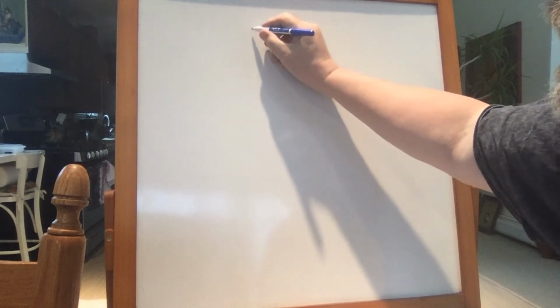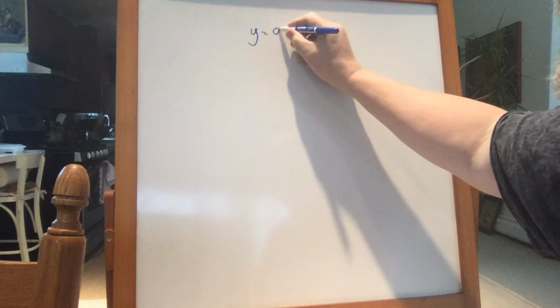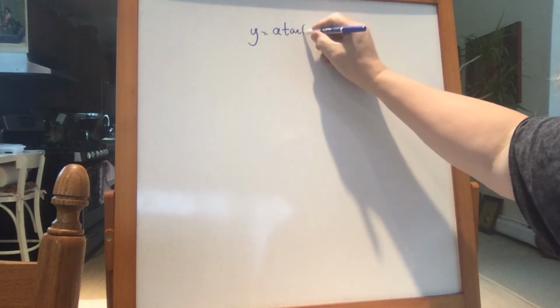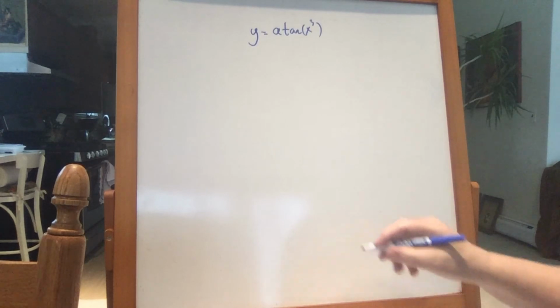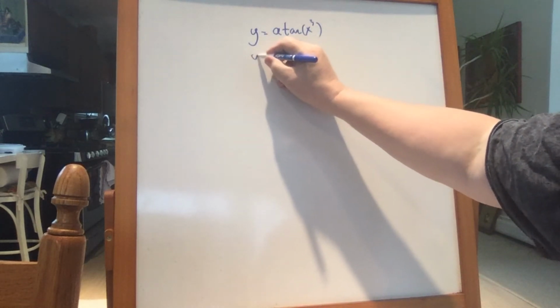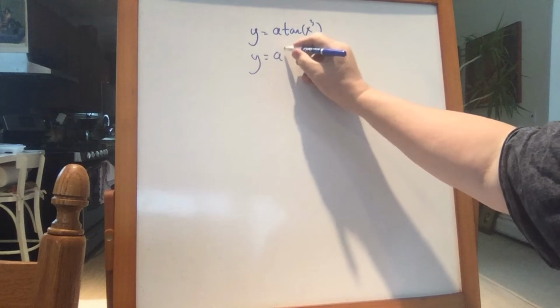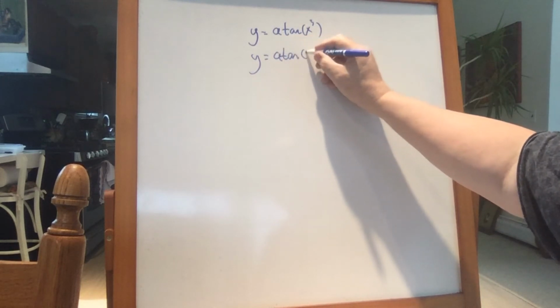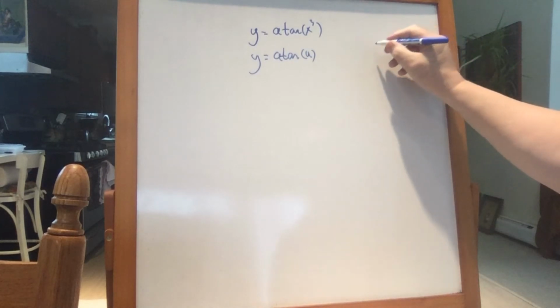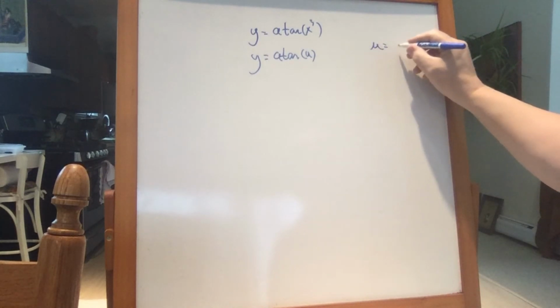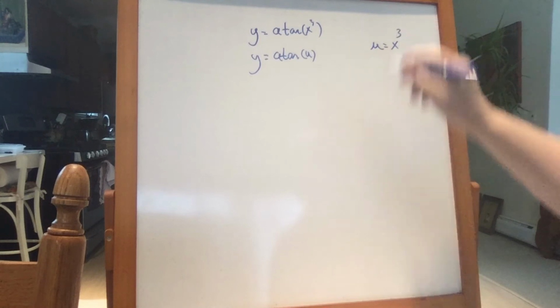This one's pretty cool. Let's say y equals the arctangent of x to the third. Well, we do what we did in the previous problem. We say that y equals the arctangent of u, because we know what to do with that. But in this case, u equals x to the third.